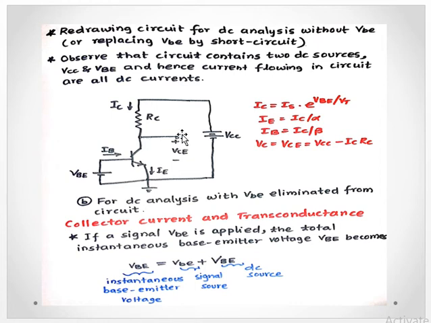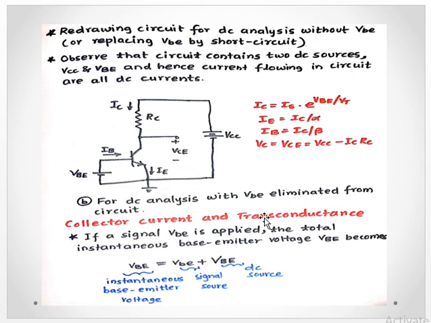The voltage at the collector can be referred to as VC, or since the emitter is directly connected to ground, as VCE. So in this example circuit, VC and VCE are the same. VC equals VCE, given by VCC minus the drop across RC, that is VCC minus IC RC.